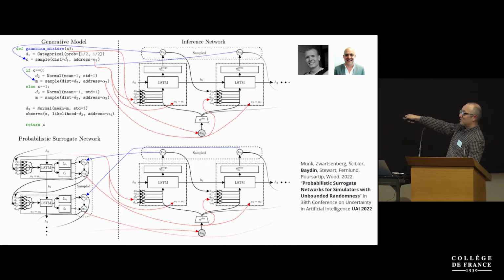You keep the structure around, you don't discard the simulator, and you can replace the whole thing with some deep learning based thing that remembers some core aspects of the simulator, namely the addressing scheme and what gets followed by what and things like that. So that's basically what's going on in this work. This is what we call a probabilistic surrogate network.